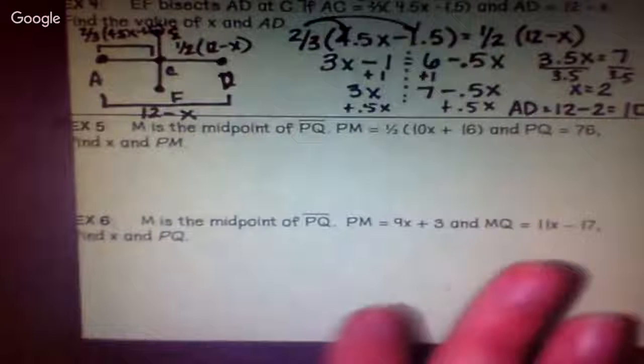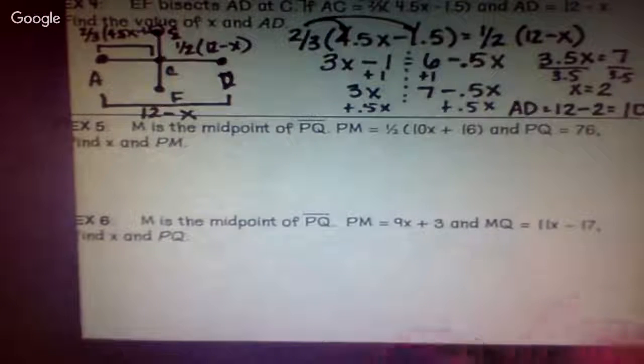All right. So on this side, example 5, it says M is the midpoint of PQ. So draw yourself what that represents. That means I've got this segment that goes from P to Q. And M is the midpoint, so M is your middle.